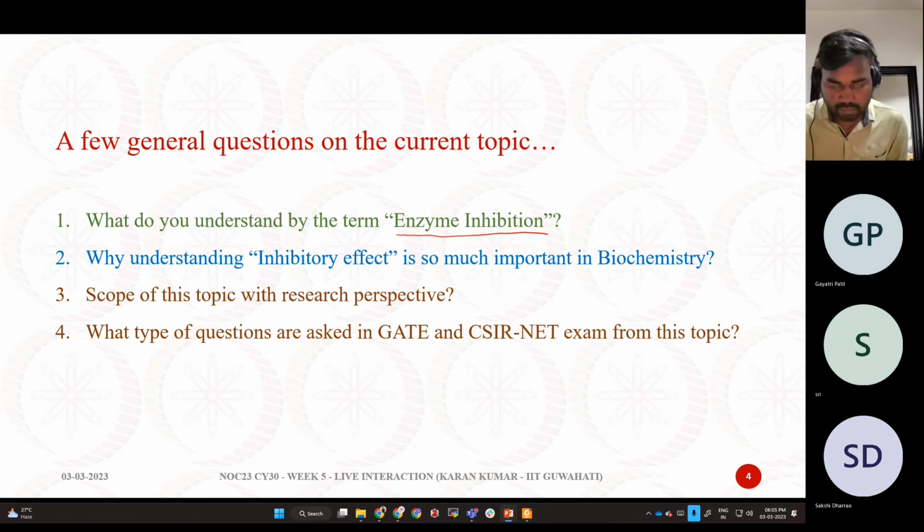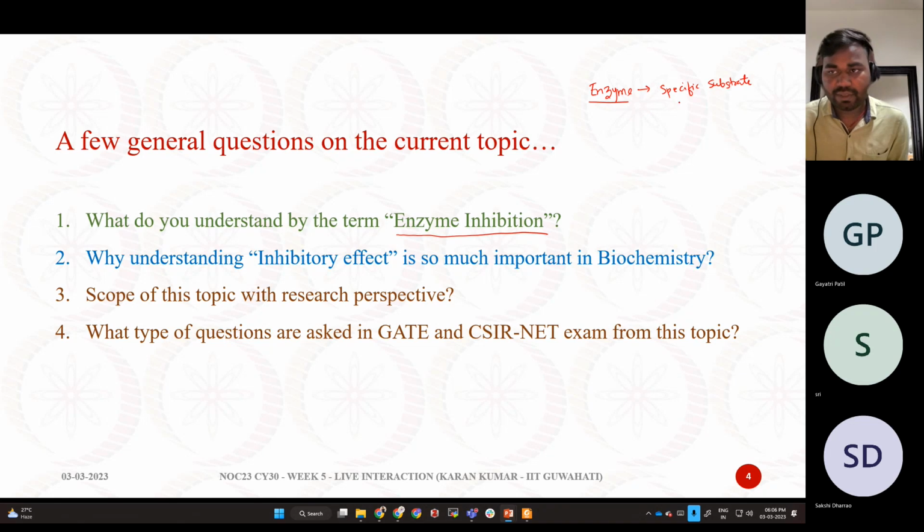Okay. So regarding the enzyme inhibition terminology, normally an enzyme or any protein acts on a specific substrate. This is true for all biochemical reactions that happen in our body or in any microorganism.